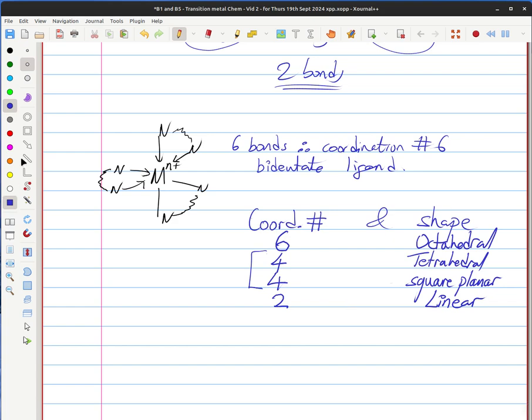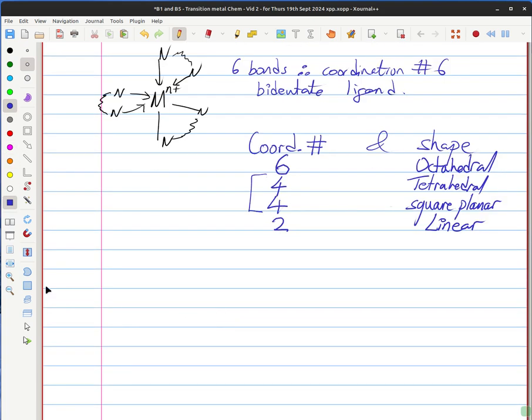Okay, so of these shapes, you should be able to draw them. They are 3-dimensional, apart from the last one, of course. So you must always be able to draw an octahedral properly. So we have axials, which are drawn in this manner in the plane of the drawing. We have equatorials, which can come out of the plane towards you.